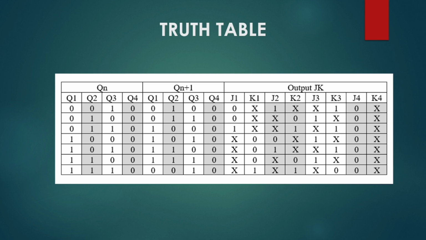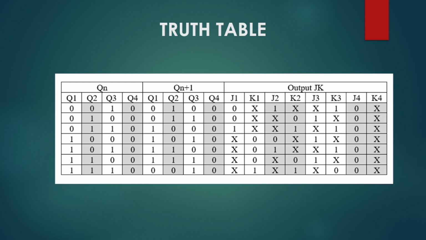When Qn is 0100 and Qn plus 1 is 0110, JK1 will be 0X, JK2 will be X0, JK3 will be 1X, and JK4 is 0X.